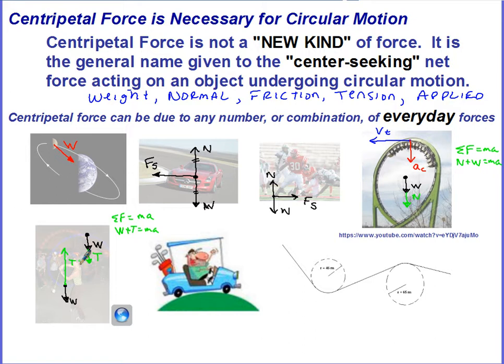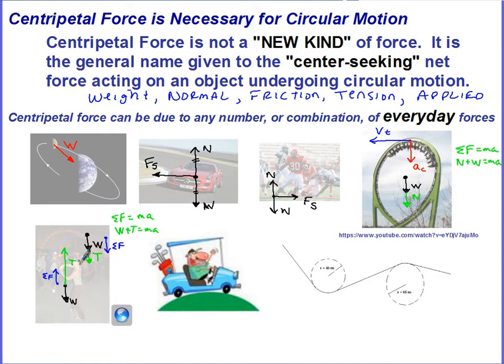The reason is I need a net unbalanced force always pointed towards the center. When I go to add these things together, I have to have my unbalanced force pointed towards the center of that circle. Okay, so these forces change in response to which way it's being accelerated.